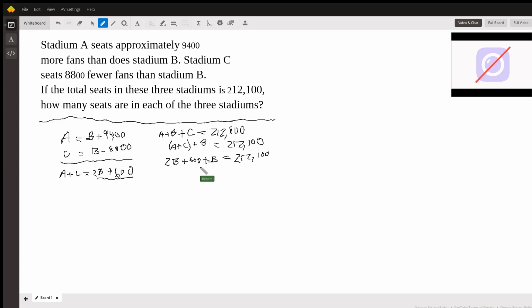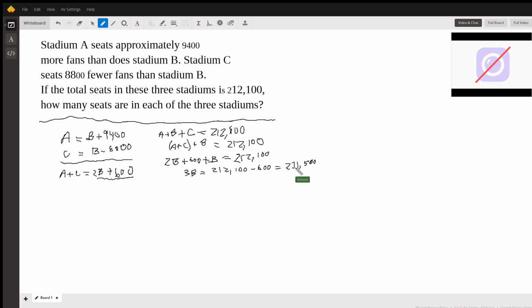So let's take a look here. We're going to get 3B is equal to 212,100 minus 600, and that comes to 211,500.